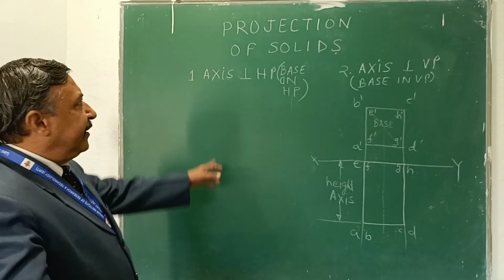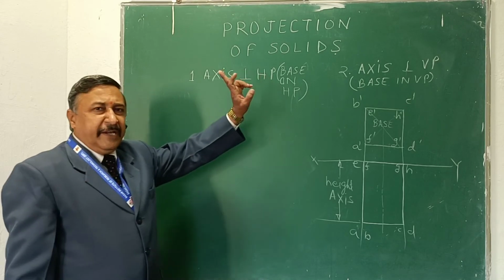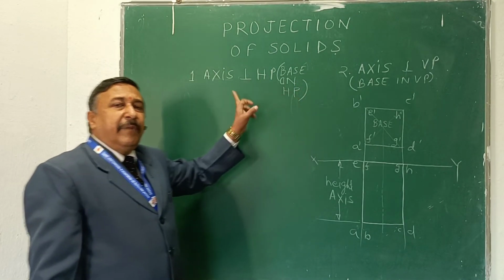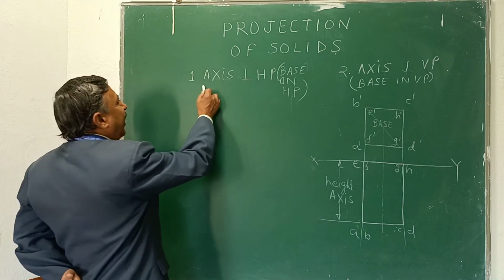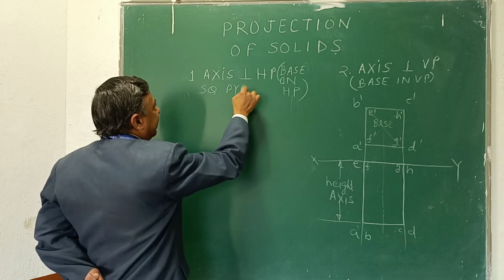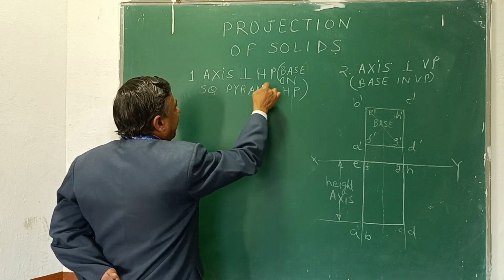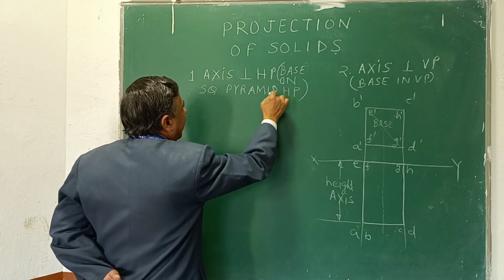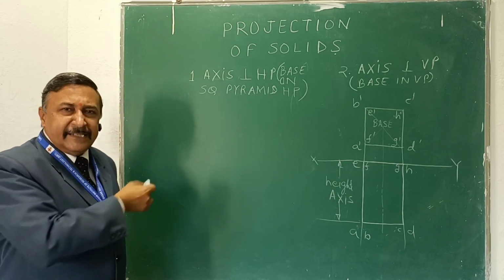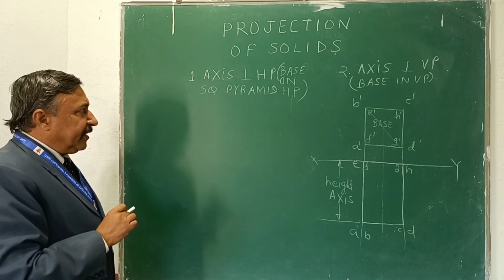Now same thing, axis perpendicular to HP, and base on HP, but the example is of square prism. Sorry, square pyramid. The example is of square pyramid. So what are the changes you will see here?